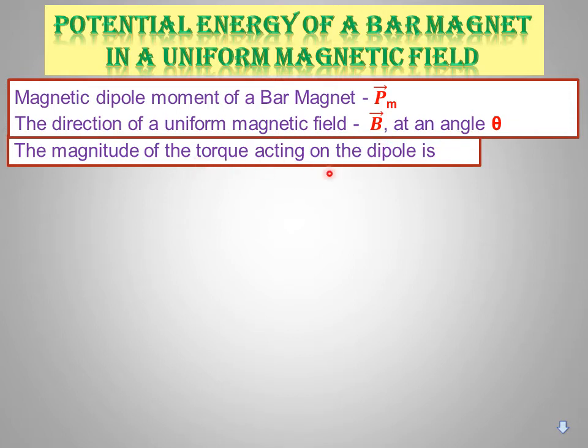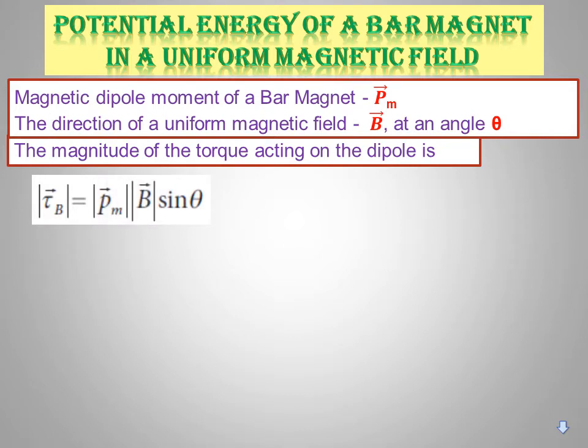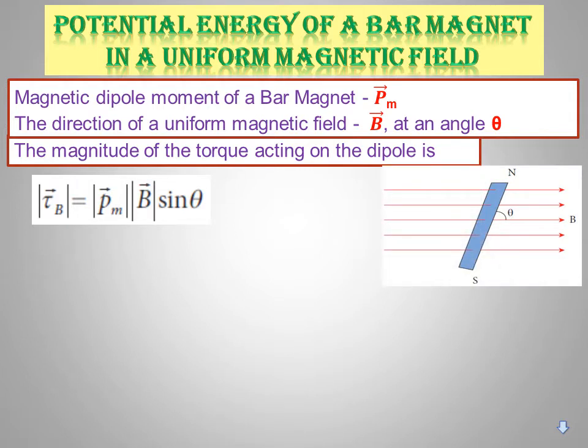The magnitude of the torque acting on the dipole is tau, modulus of Pm vector times modulus of B vector times sin theta. Here in this picture we have two angles, one is theta and another one is theta dash. As it travels from north to south and south to north, we have another torque value.